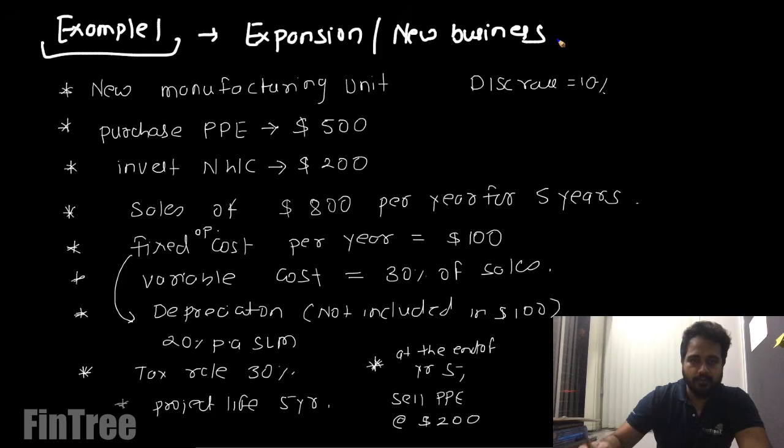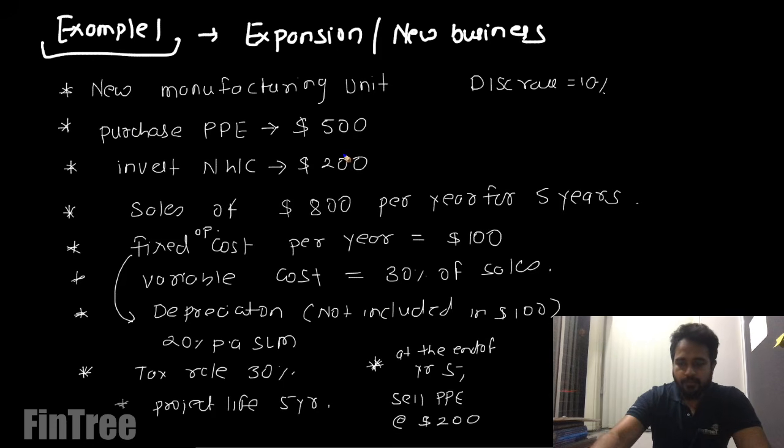Then we will have to figure out what would be the terminal cash flow, which is going to be the second part. And then third, we will have to figure out what would be the operating cash flows, which is going to be the third part of it. If we can figure out these 3 pieces, then it's a very simple, straightforward NPV question, correct? Let's start working on the initial cash flow first.